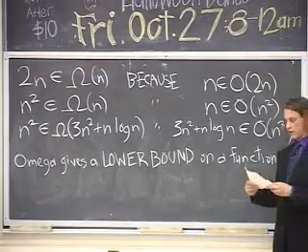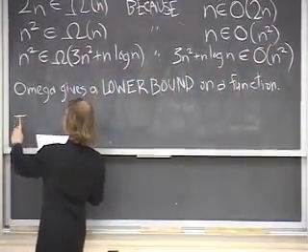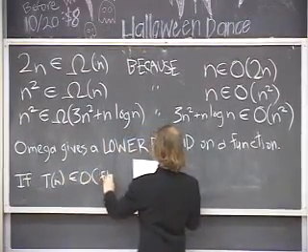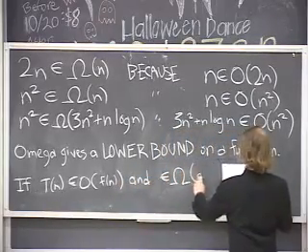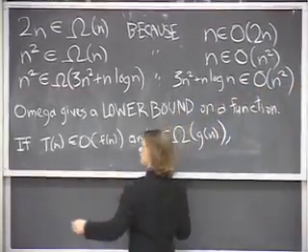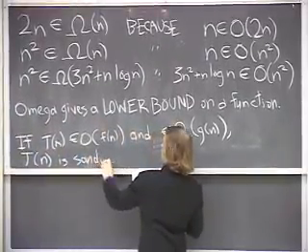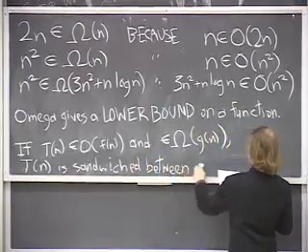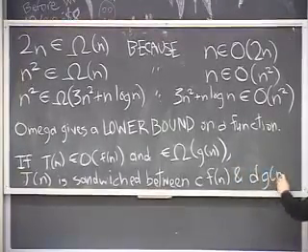Now sometimes you can have both. Or you can have both an upper bound and a lower bound for something. So if t of n is in big O of one function, f of n, and it's also in big omega of another function, call it g of n, then t of n is effectively sandwiched between these two functions. It's sandwiched below c times f of n and above d times g of n.